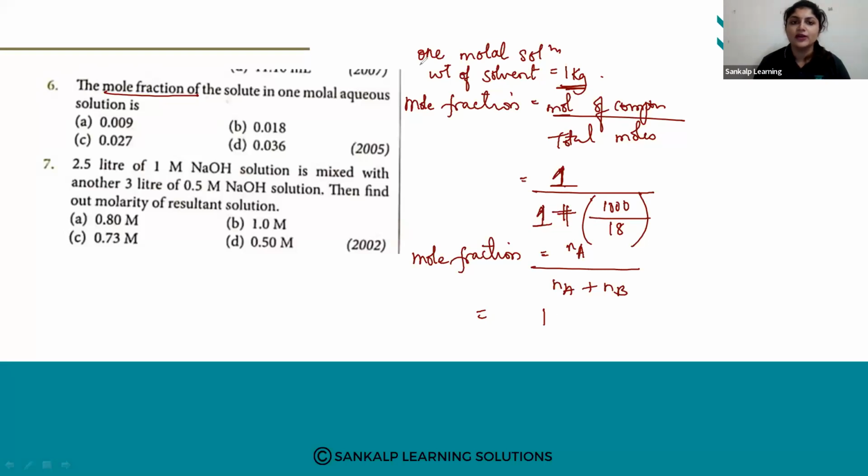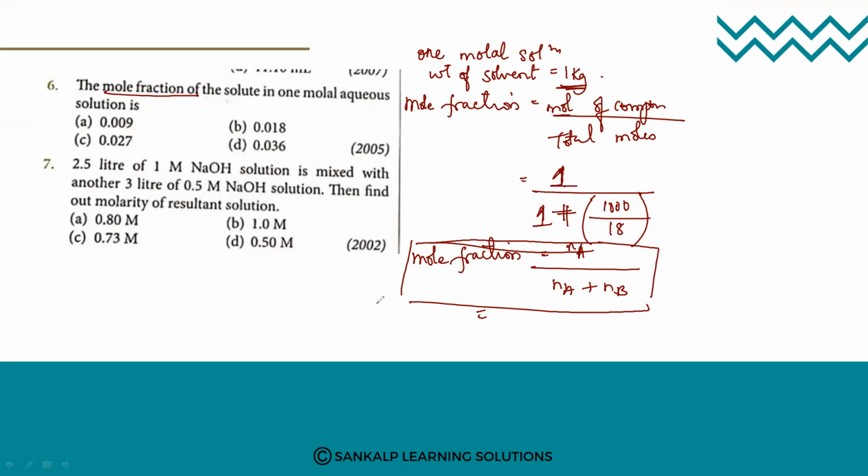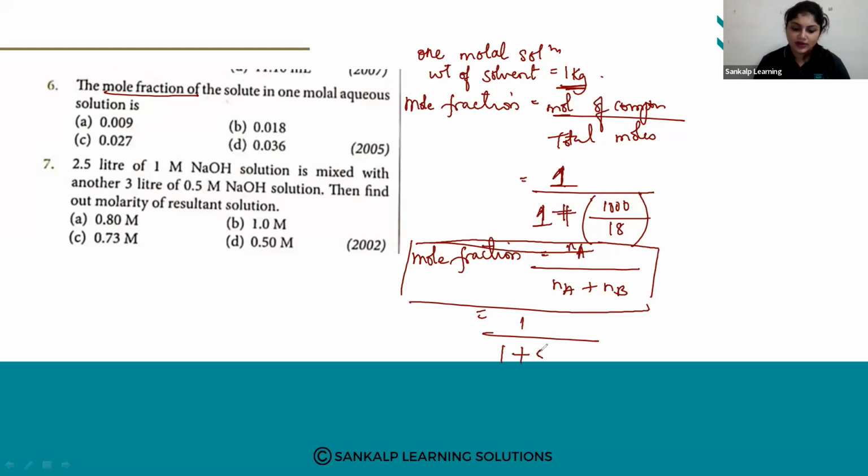So what will you get now? 1 divided by 1 plus 1000 by 18. See what you're getting? First you do 1000 divided by 18. You get 1 divided by 1 plus 55.55. Now 1 plus 55.55 is 56.55.